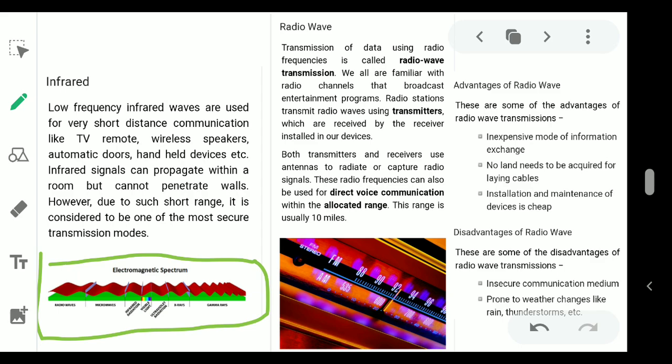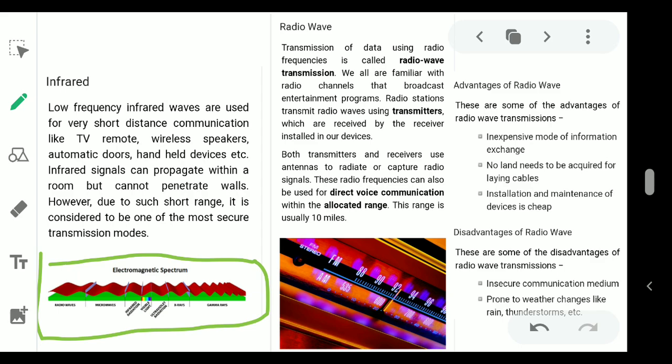It is invisible to the human eye, but can be sensed by special devices. For example, when you press the remote, on the top of the remote there is a bulb that gives signals to a set-top box. Then the red light will turn into the green one. That kind of signal is infrared.